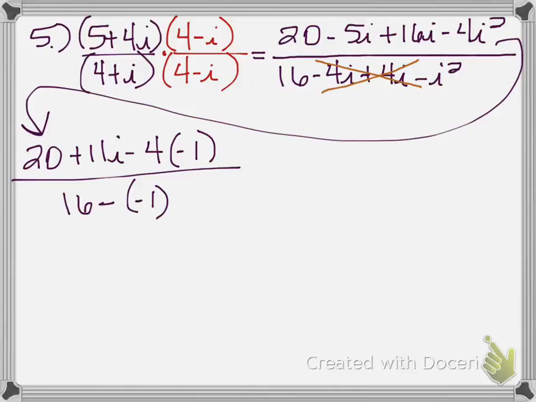So I want to make sure everybody's okay up to this point before we move forward. Let's see here, 20, and then that would be a minus 4 times minus 1, so that's actually a positive 4, right? So that means I really have 20 and 4, so I really have 24. I am kind of skipping a step there. Plus 11i over, that would be 17 on the bottom.